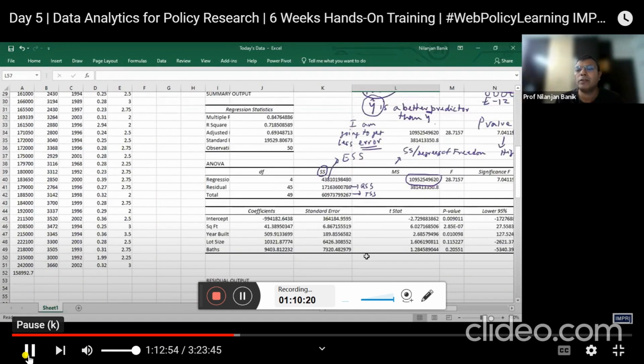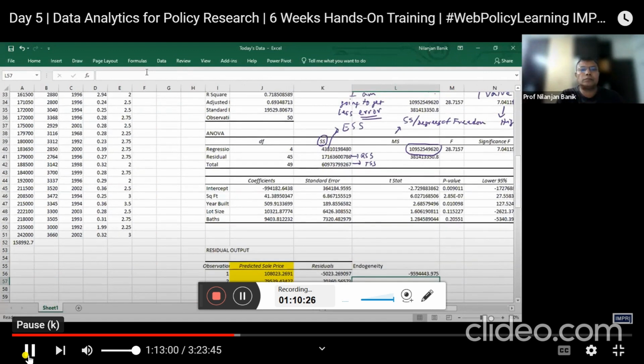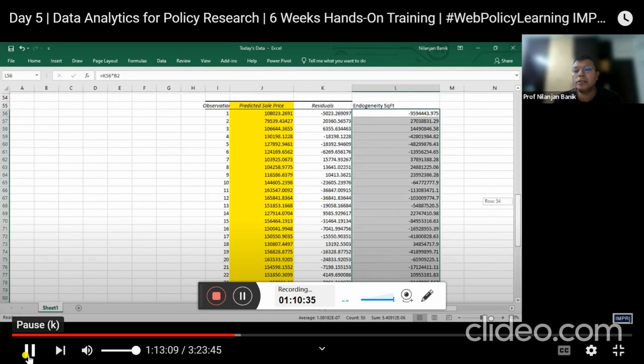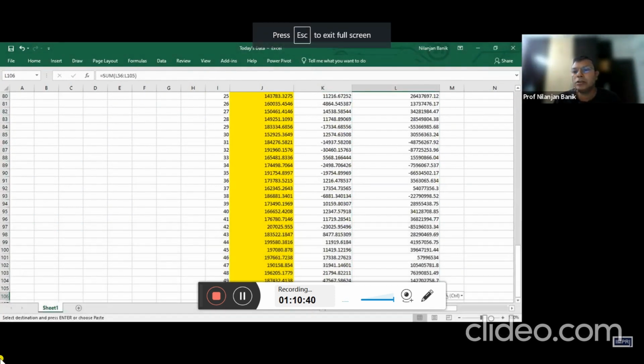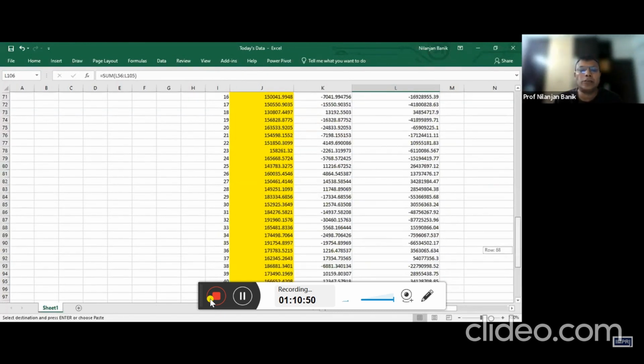Here I'm checking for the endogeneity using the variable square fit. So this is what I'm getting. Ideally, this should also be equal to 0, otherwise we have a problem. See, this is also 0. So this is also 0, basically saying our data is not suffering from endogeneity. Any question, anyone?